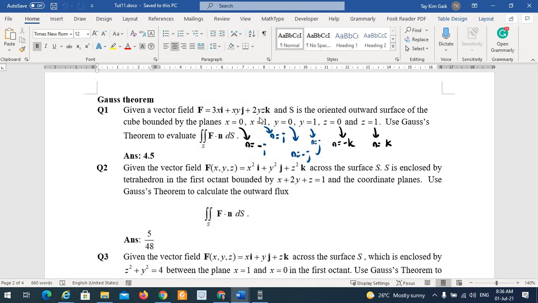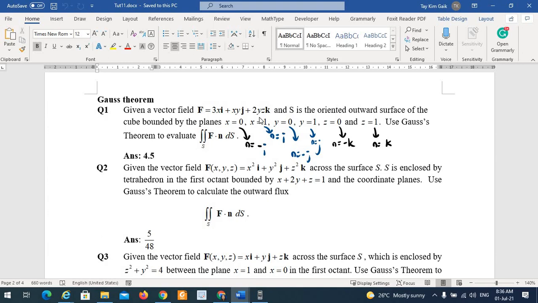Each surface has a different unit normal vector: where x equal to 0, n equal to negative i; x equal to 1, n equal to positive i; y equal to 0, n equal to negative j; y equal to 1, n equal to positive j; z equal to 0, n equal to negative k; z equal to 1, n equal to positive k.